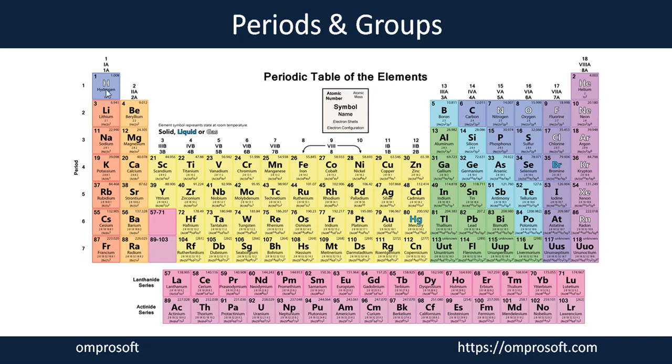The elements present do not have any consecutive manner in their atomic number. Like you can see the numbers vary: 1, 3, 11, 19, 37, 55, 87, like this. But the outermost shell has the same number of electrons in a particular group, however many elements are present. All have the same number of electrons in their outermost shell in a particular group.